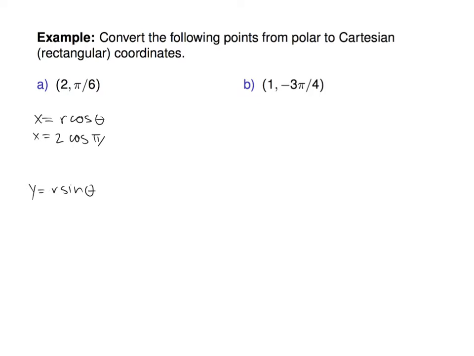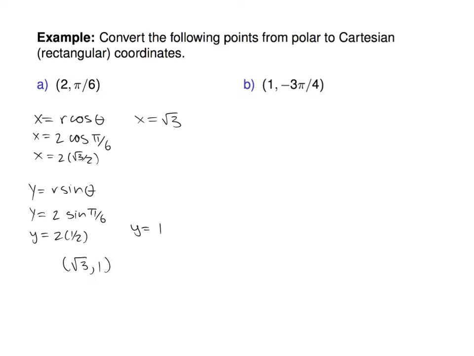I'm sorry, but you do have to know trig. Cosine of pi over 6 is square root of 3 over 2. That unit circle just will not let you forget it. X is root 3. And then Y is 2 sine of pi over 6. That's a half. So Y is equal to 1. This is the point: square root 3, 1.